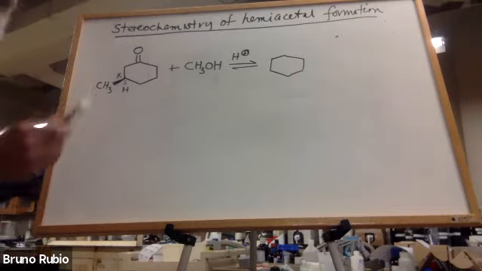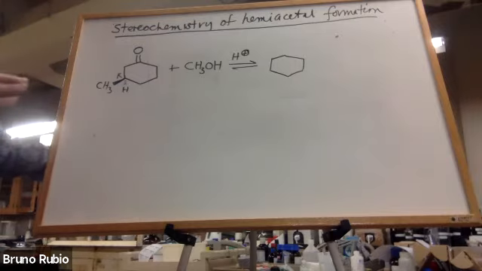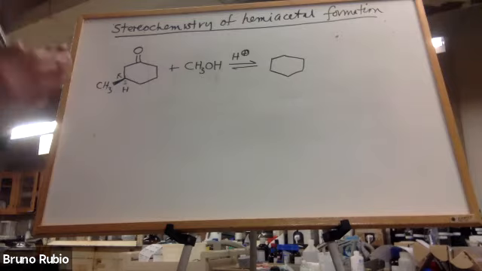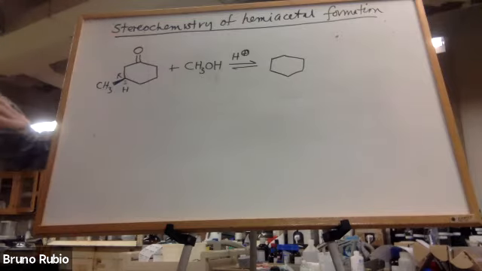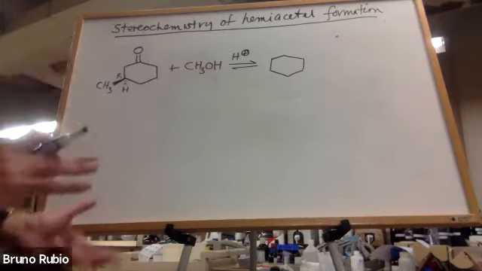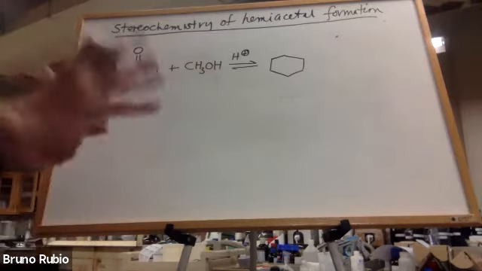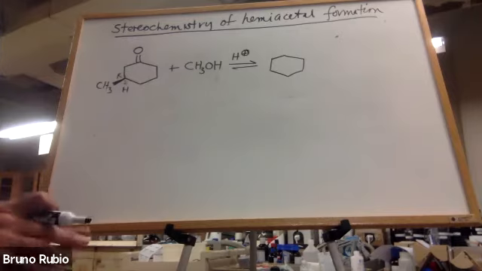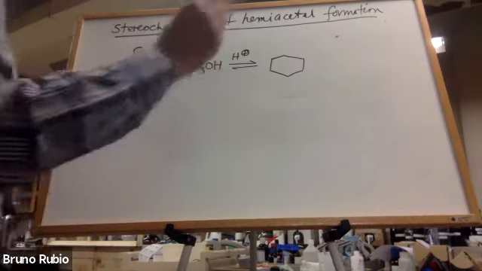It can come in from the front, but it's going to be easier to come in from the back. You're going to get both the attack from the front and attack from the back, but now you're not going to get 50-50. We can't predict what percentage we'll get just by looking at the structure. We would have to do the experiment in the laboratory.